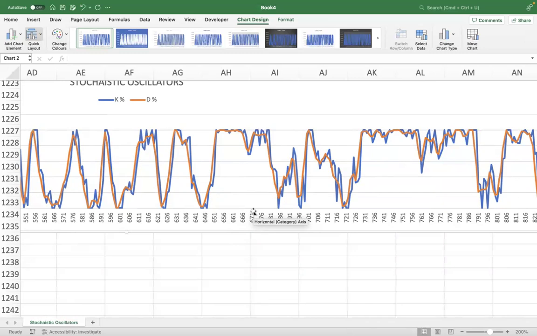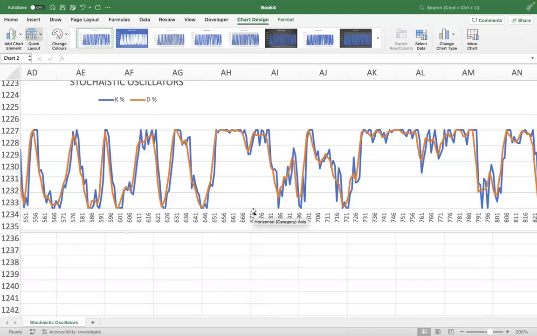And apart from crossovers, when you compare this with the underlying price chart, the price might be showing lower lows, but the stochastic oscillator might be showing higher lows, which is a classic case for a bullish reversal pattern, or bullish divergence rather.